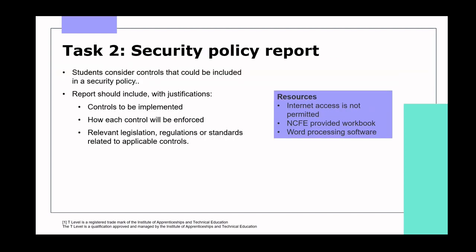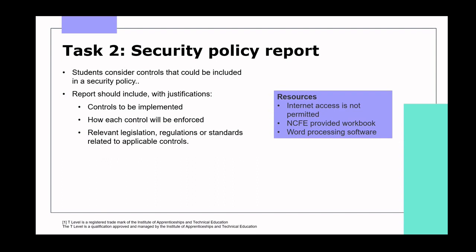Now, the second task links into that previous one, where students need to make recommendations that could be added to a security policy document. So, for example, this could be administrative security controls that might need to be implemented to prevent customers' data from being leaked, whether that was done intentionally by someone or just done accidentally, trying to think about that.